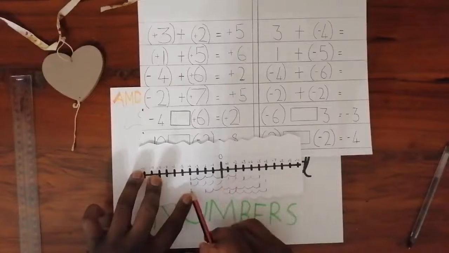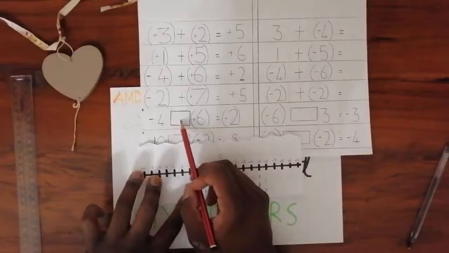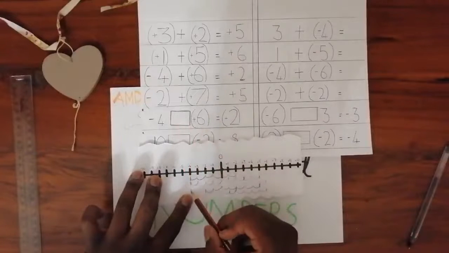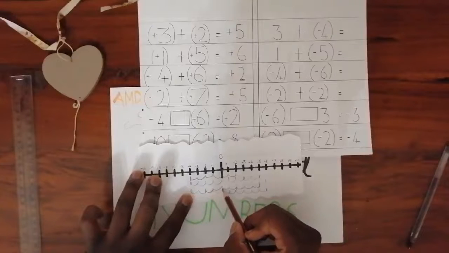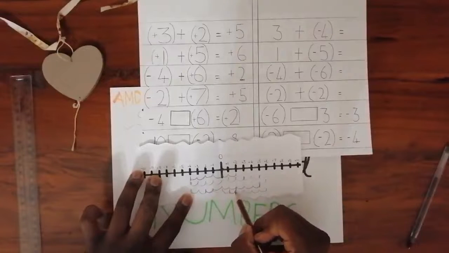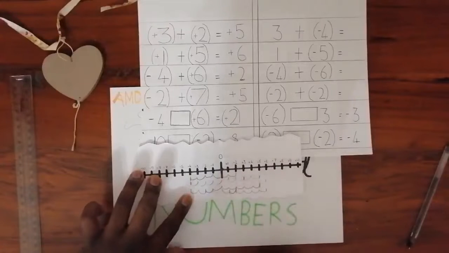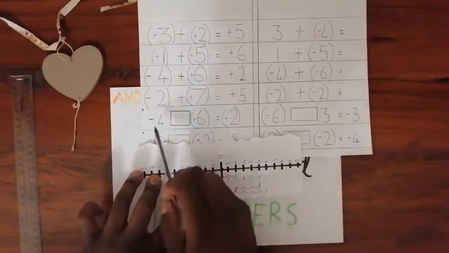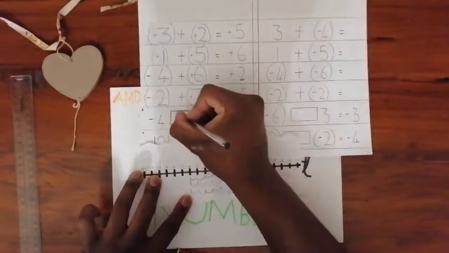The only way to get this far is to add. So we know that there's an addition sign there. So let's count. 1, 2, 3, 4, 5, 6. From minus 4 to plus 2, you have to add 6. Therefore, we know the operation between these two is addition.